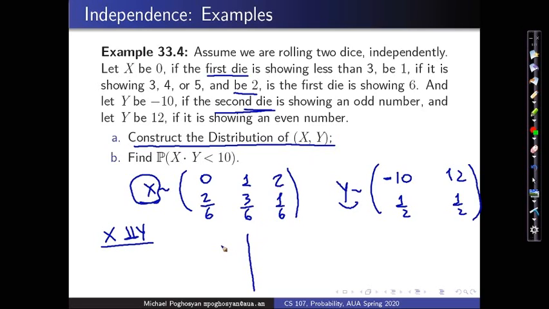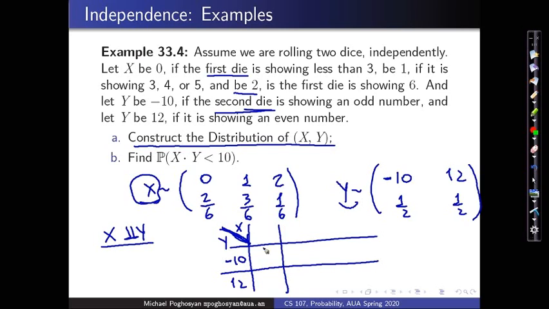Very easy. Now the rest is like in the previous cases. So I'm writing possible values of X and Y. Y can take two values, minus 10 and 12. And X can take three values, 0, 1, 2. I'm adding to this marginals.